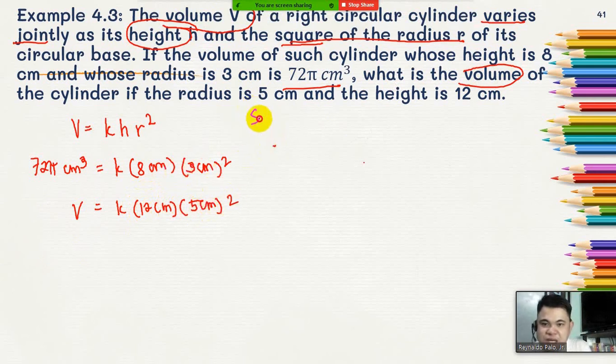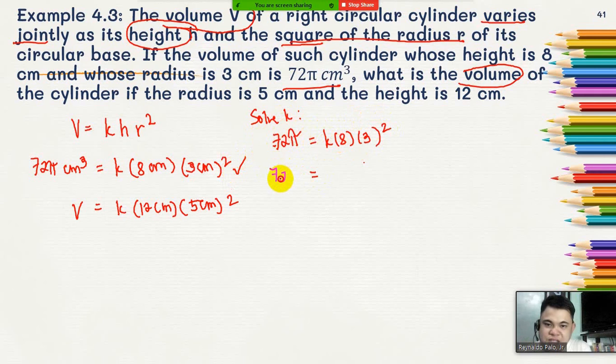Okay, so we can now solve for k. Alright, so always remember that we need to solve for k, or the constant, before we can actually solve for the unknown value, which is the second volume. So we will be solving k using the first equation. 72 pi is equal to k times 8 times 3 squared.